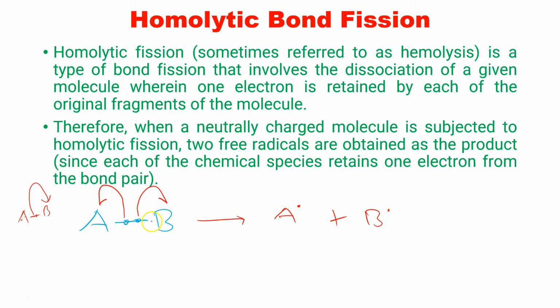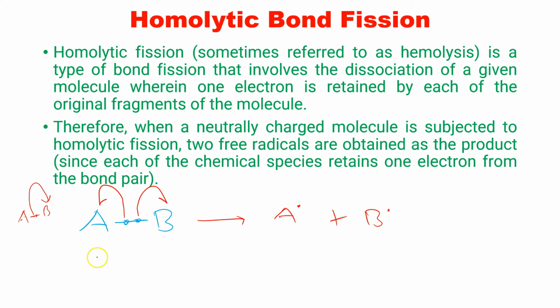So this A and B is a neutral molecule, and when subjected to homolytic fission, we get free radicals. The dot on each indicates a free radical, with one electron written by A and one electron written by B.